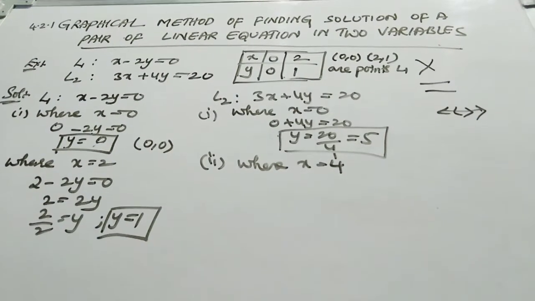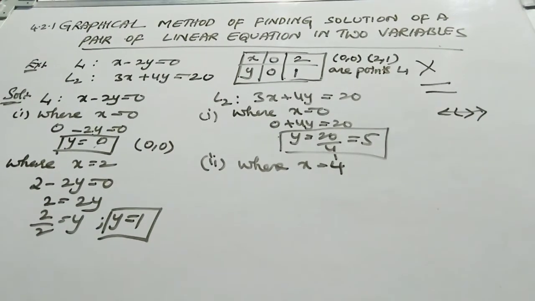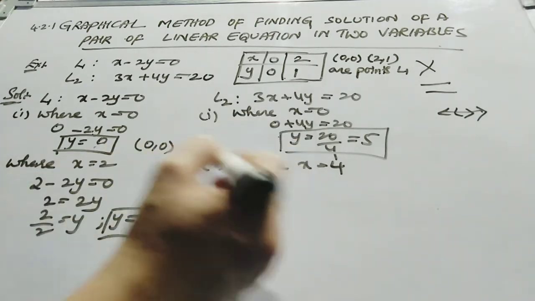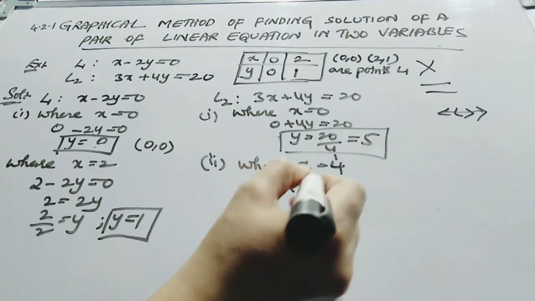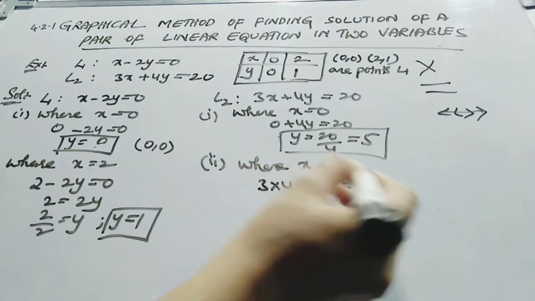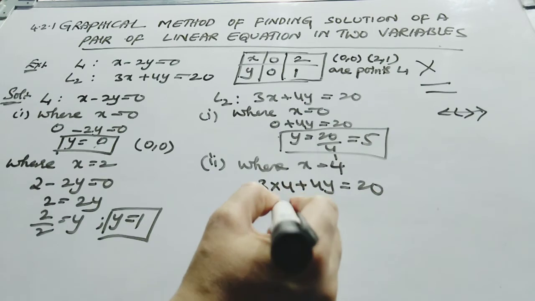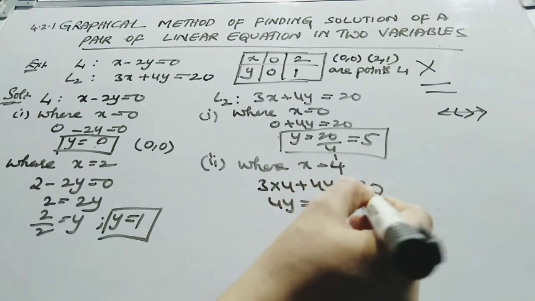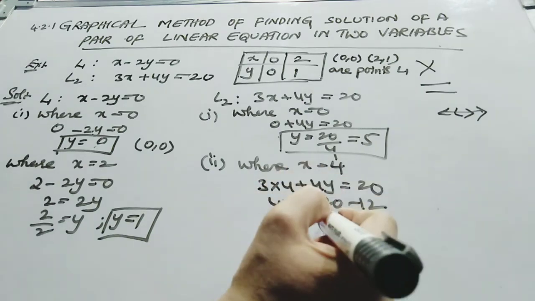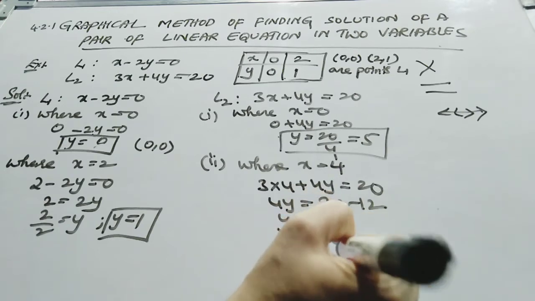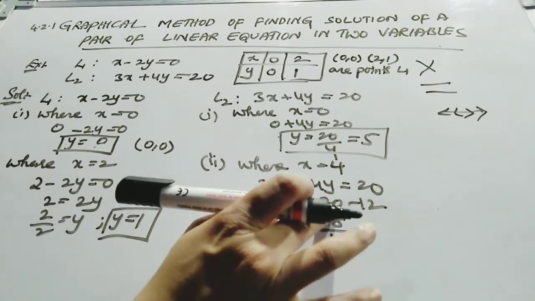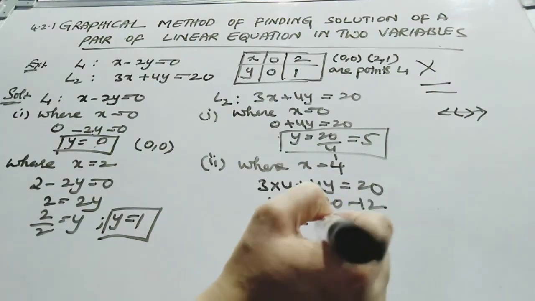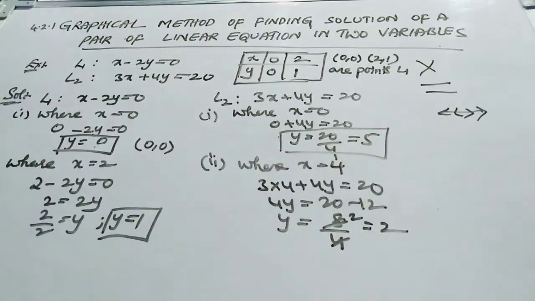Substitute x is 4: 3 4s are 12 plus 4y is equal to 20. 4y is 20 minus 12, that is 8, so y is 8 by 4, 4 2s are 8. So y is 2.